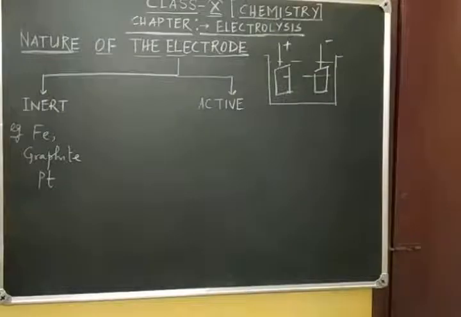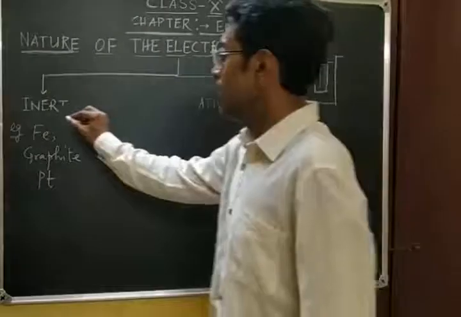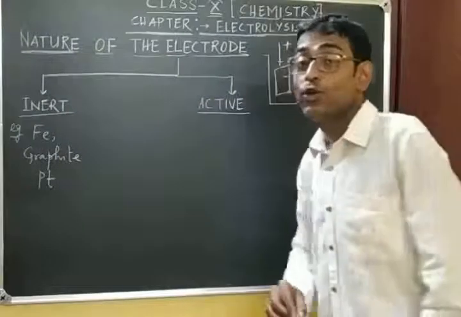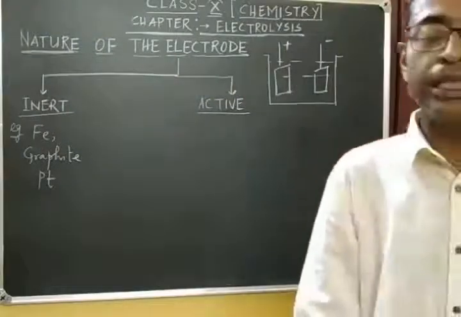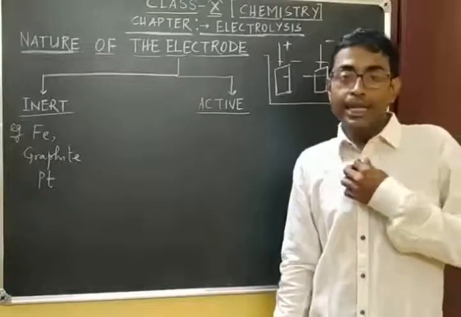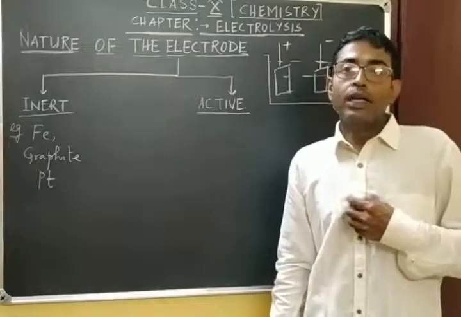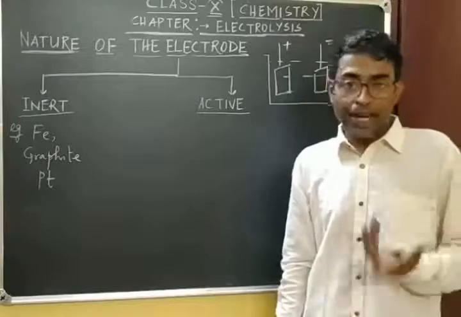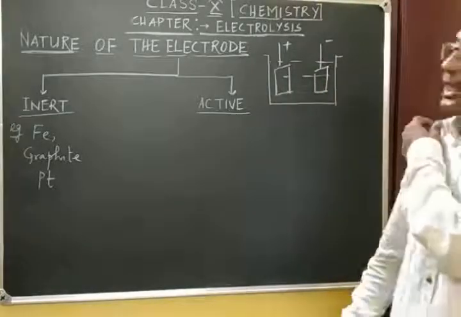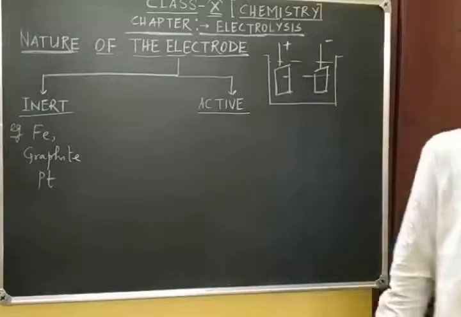Now a few active electrodes. Remember, electrolysis is used greatly in electrometallurgy. In the purification of metals and many applications related to electroplating and electrorefining, which we will discuss gradually, we will be using active electrodes.